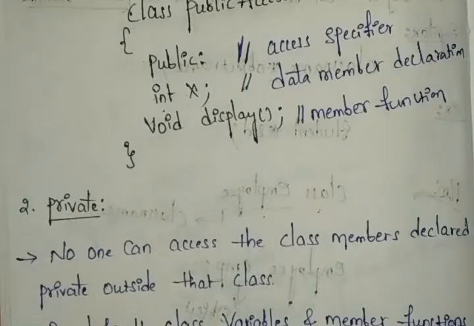If you are declaring the private mode, that is like a secret manner. By default, whatever variables and member functions you declare in a class are private. In the public manner, you define int x and void display, and those are visible to all the classes, but private is only for itself.